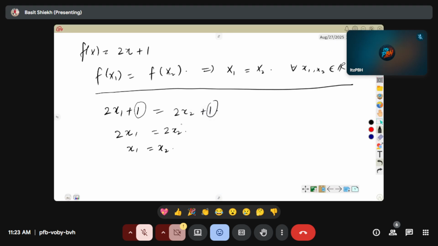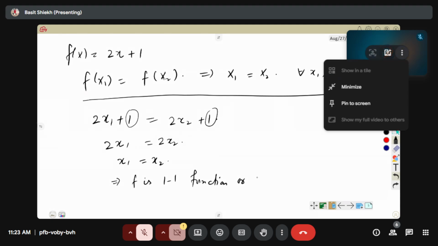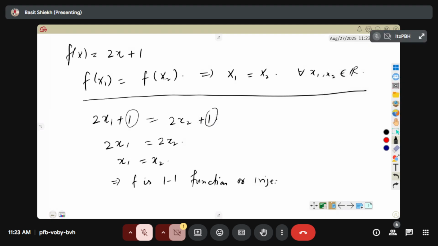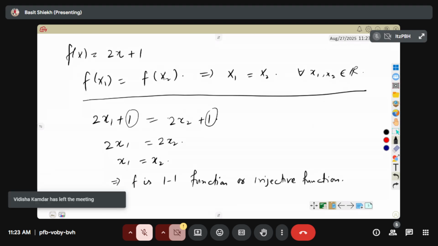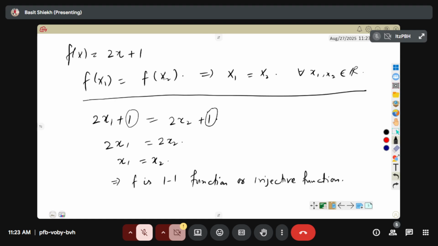Since x1 and x2 are arbitrary, we can say f is one-one or injective. Isn't this so simple? Similarly, if you are given any function, you can easily check if it is one-one or not. Okay, let me go to the next page.